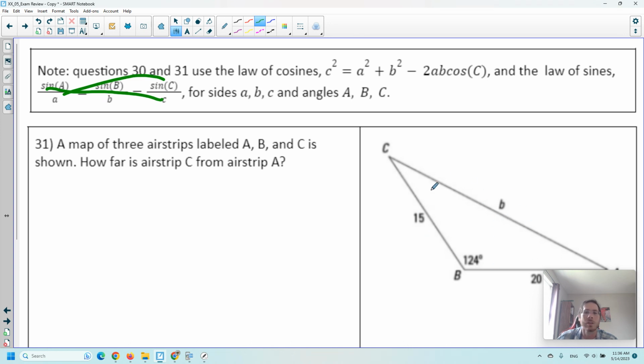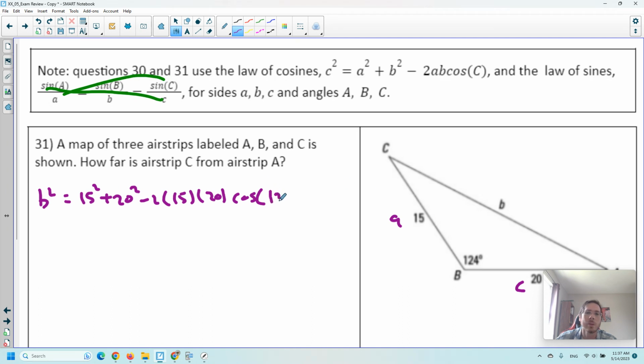The letters here are a little confusing, but the way we want to set it up is we would just say that b squared, because b is the same as c up here, equals a squared. I'm just going to call this one A because that's across from A. We'll call that one C because it's across from C. So 15 squared plus 20 squared minus 2 times 15 times 20 times cosine of angle C. Again, B and C switch spots for this picture.